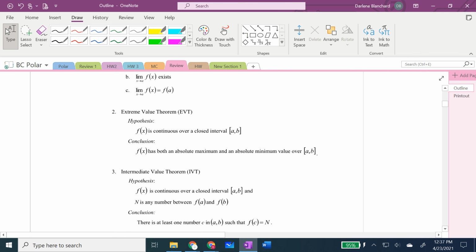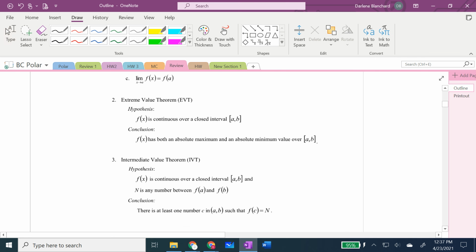Be aware of the definitions, the theorems. With the theorems, you have a hypothesis. Make sure you know the hypotheses that goes with them. The extreme value theorem is pretty quick.